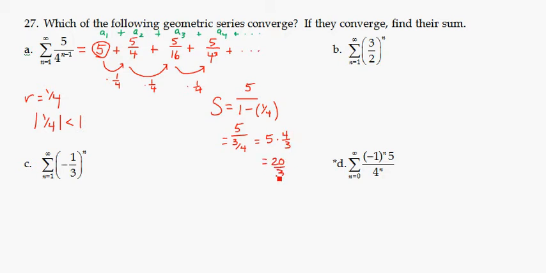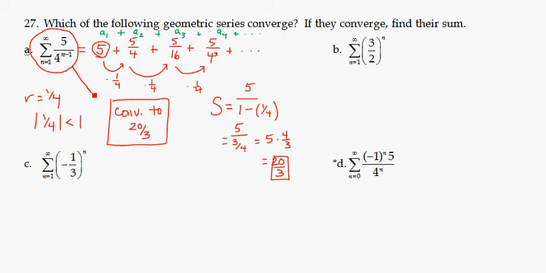So the sum is 20/3. So we would say that this series converges to 20/3. And what we mean by converges to 20/3 is that if you were to add up all infinitely many terms of this series, the result is a finite number. We get 20/3. Okay, let's look at the next example.